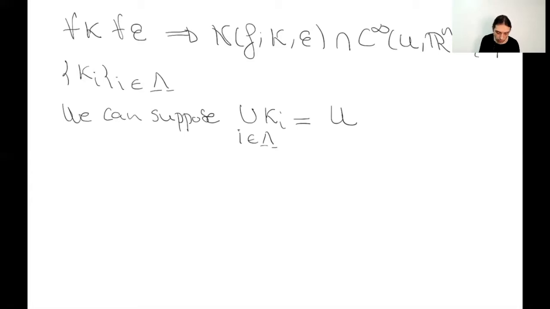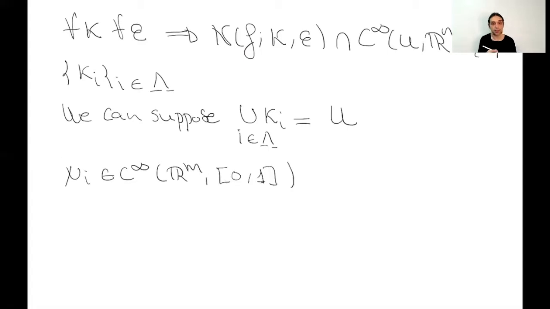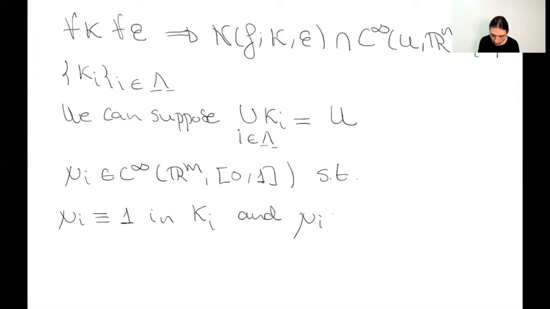Another thing that we are going to do is consider C-infinity functions mu i from Rm to the closed interval 0, 1, such that these functions are equal to 1 in Ki, and the function is equal to 0 outside of a small neighborhood of Ki that we are not going to make more precise.